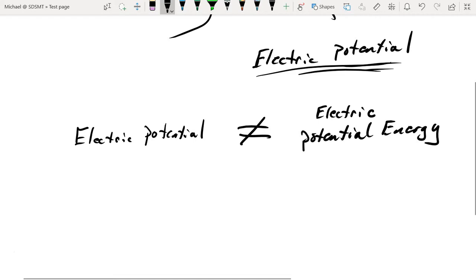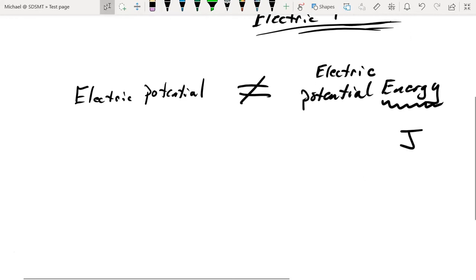Even though they sound the same, even though they have the same words in them, potential energy is energy. As such, energy will be measured in joules. Energy can be transferred or transformed.